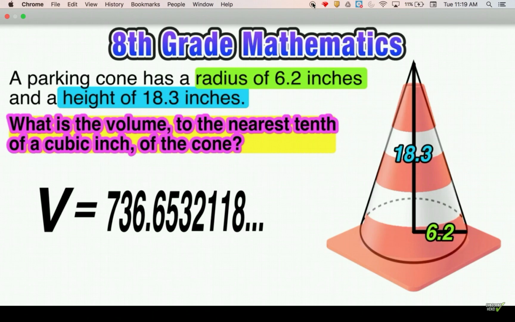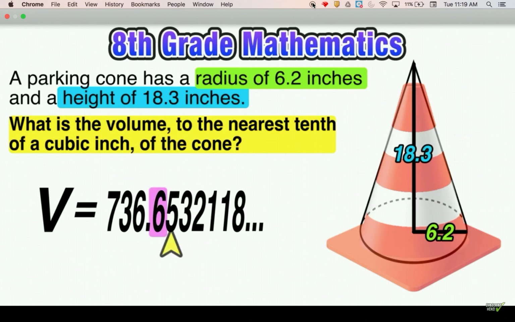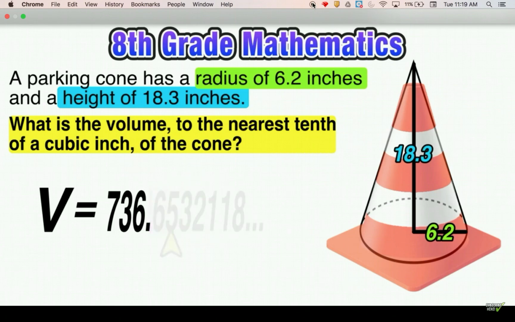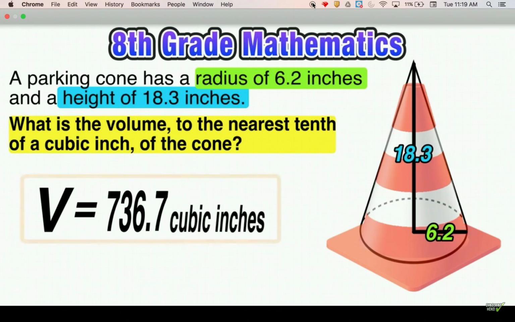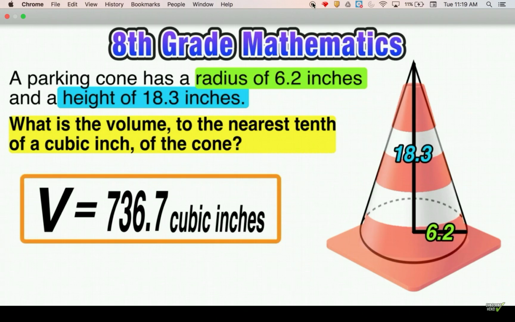Now we can do that by looking at the value to the right of the 10th decimal place, so to the right of the 6th. In the 1000th decimal place, that value happens to be a 5, and we know when that value is 5 or greater, we have to round up, and our final answer is 736.7 cubic inches, the volume of the cone. Ha, cool.